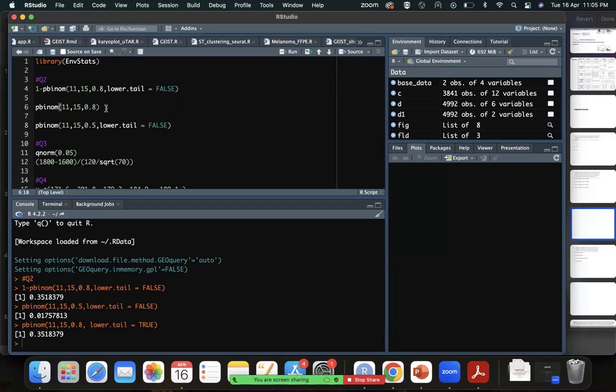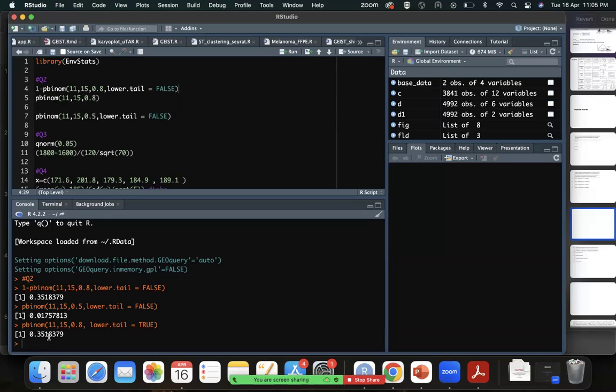My question is: when we are using the first way, 1 minus pbinom, we have to put lower.tail equal to TRUE here, no? Yes, you should.